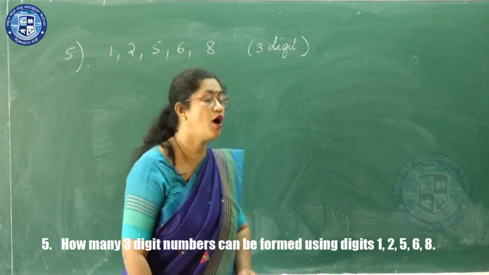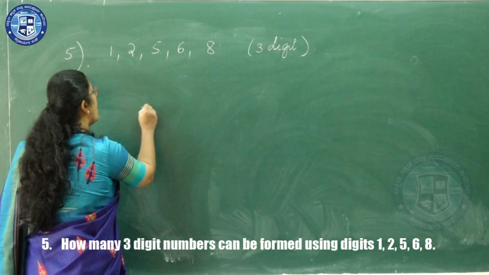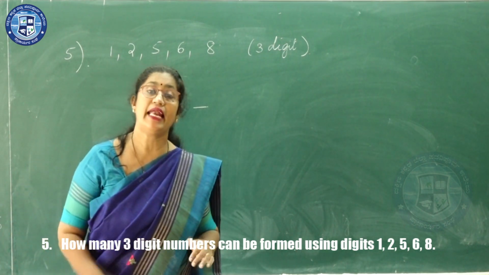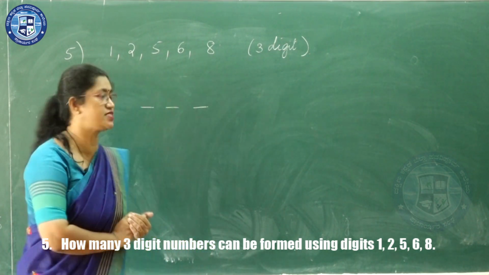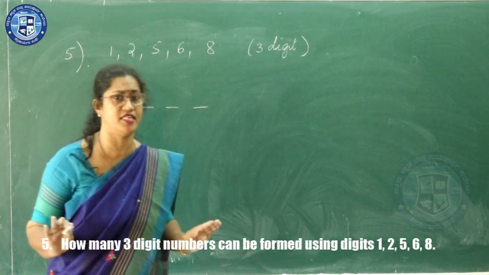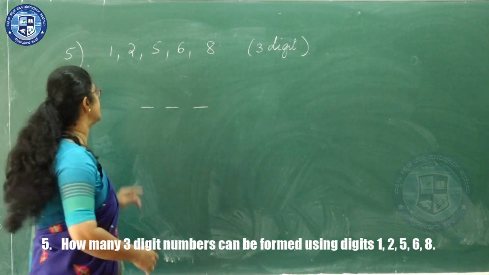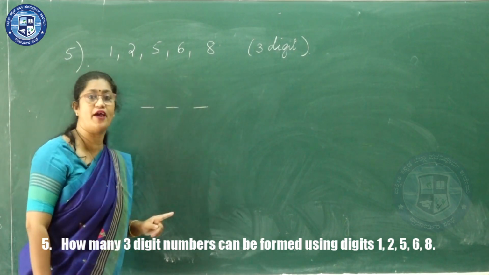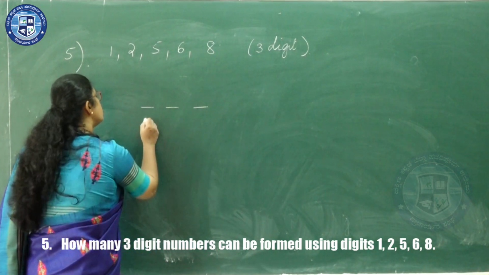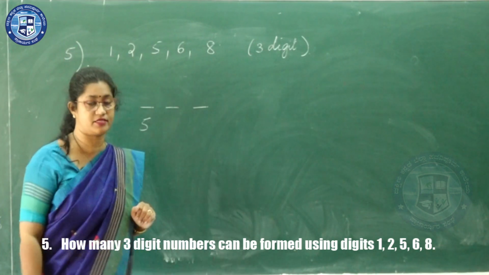So then, how do we work out this sum? I am asked to find a 3-digit number and I can repeat the digits. When I fill the first place, there is no other restriction here. How many choices do you have? I can fill it with any one of the 5 digits. So I have 5 choices.